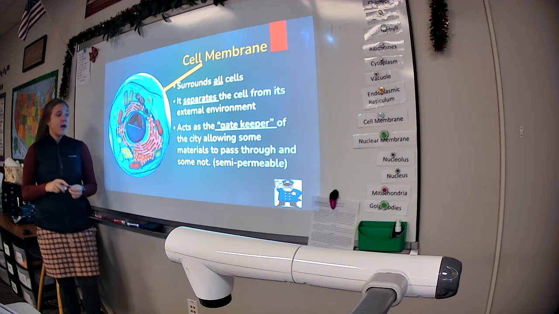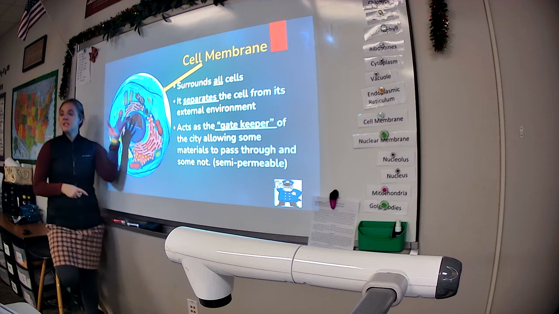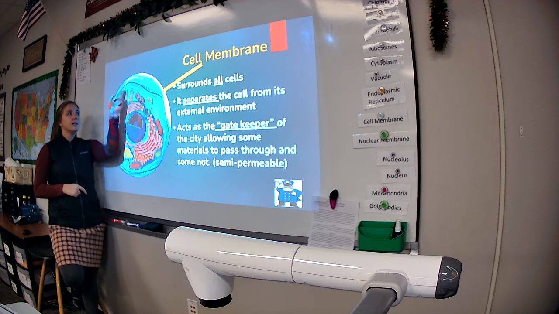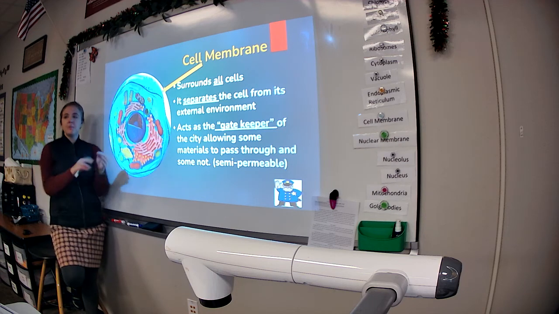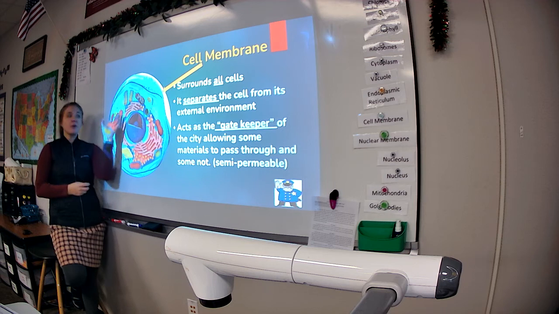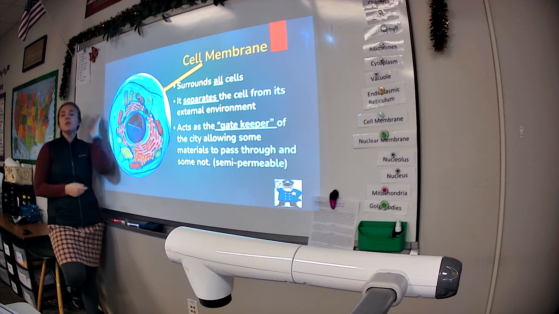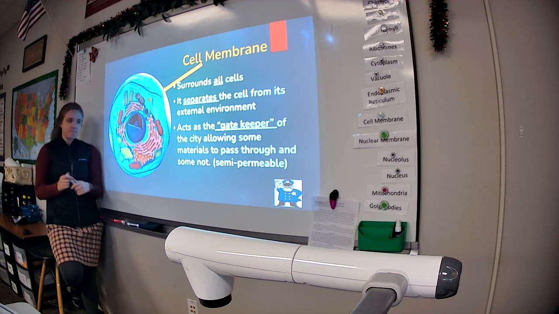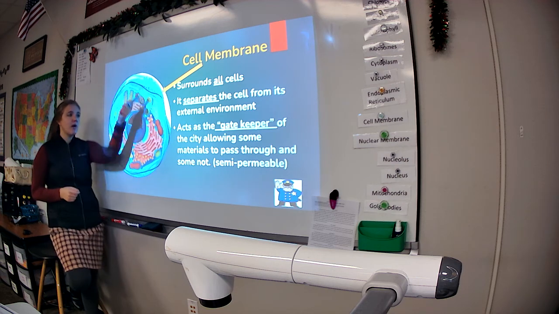Now, this particular picture shows you what it would look like if you could peel back the membrane and look inside. Again, cells are not actually colorful like this. But the diagram colors the individual parts so that we can see them a little better. All right, so the cell membrane surrounds the whole outside.